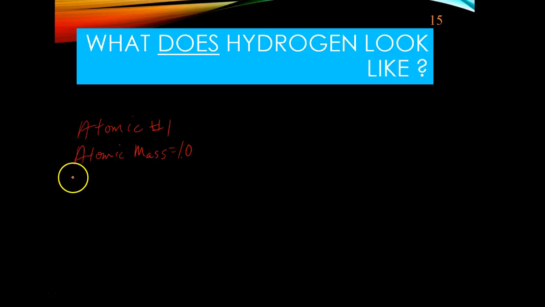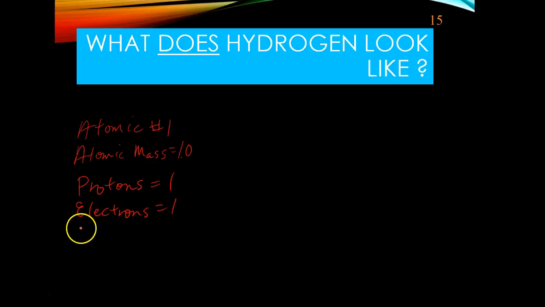And then because we know the atomic number, we can say that the number of protons is equal to 1, because we know that these atoms typically have a 0 net charge overall. We can go ahead and say that the number of electrons is also, at this point, 1.